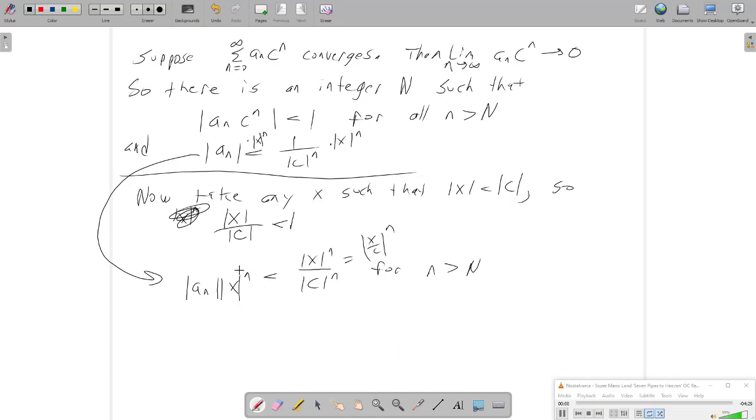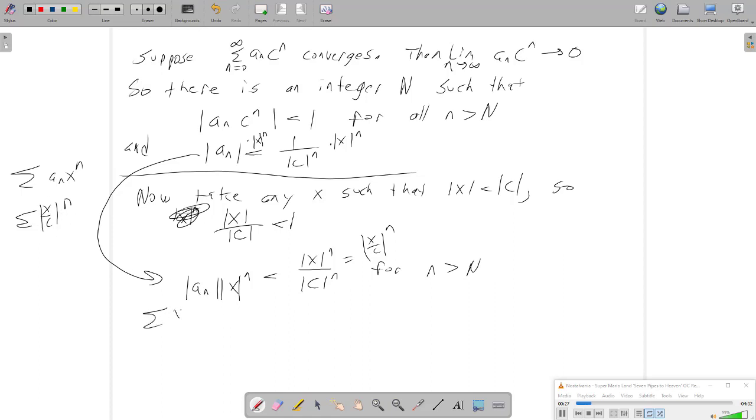We can actually use a comparison test now, because this is the absolute value of our series. If we were looking at the series sum a sub n x to the n, which we're supposed to show is convergent, well, if you look at the sum of x over c to the n, that is a geometric series.